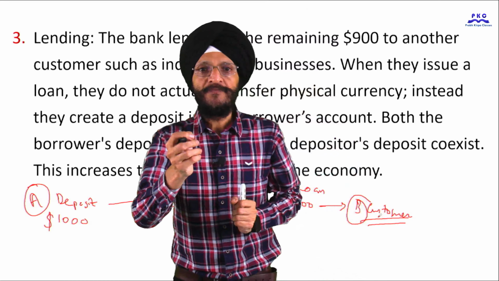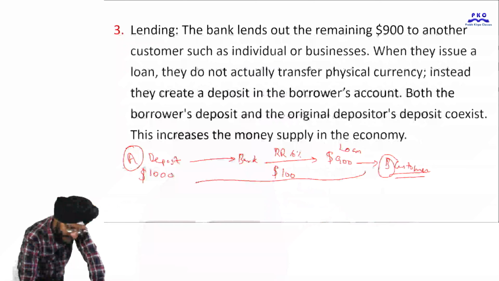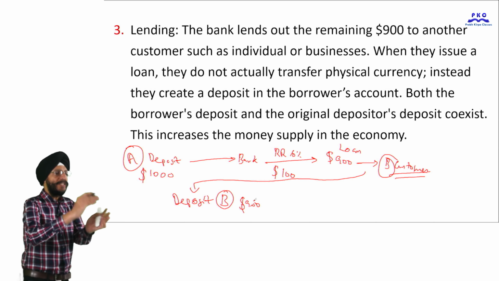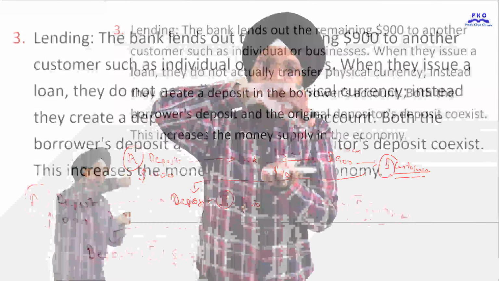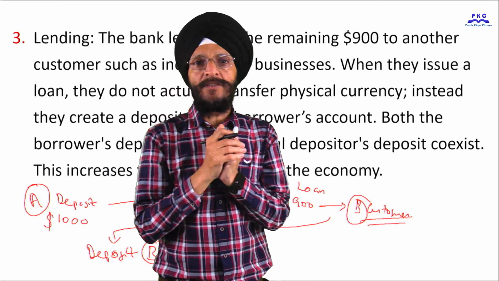They usually create a deposit. This amount takes the shape of a deposit in the name of B. So a deposit is created in the name of B of the amount of $900.